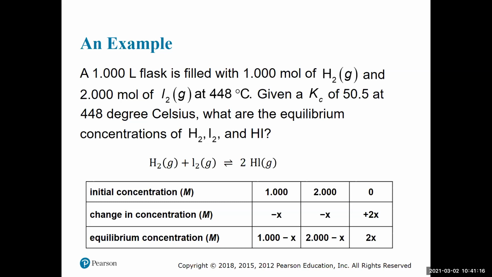So then what we can do is express an equilibrium concentration for the reactants and the product based on the initial values and then based upon these changes. So for the equilibrium concentration of H2, it would be 1 minus X. For I2, it would be 2 minus X. And then finally for HI, it would be 2X.